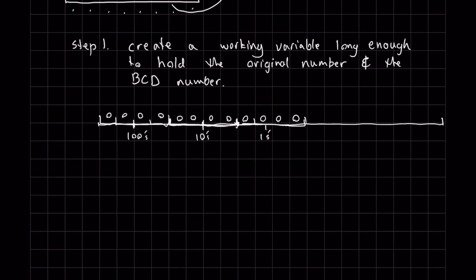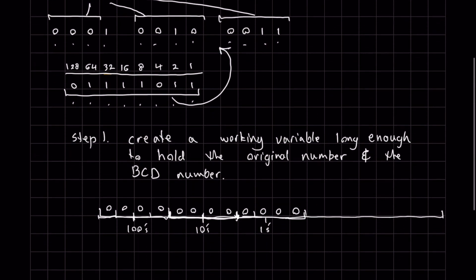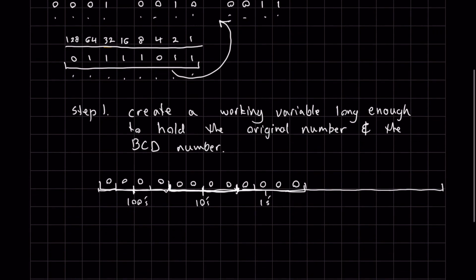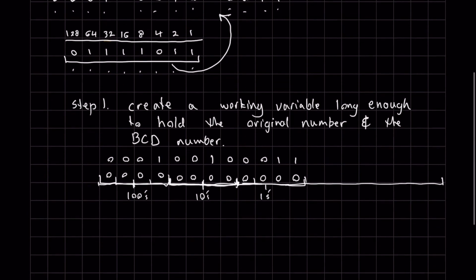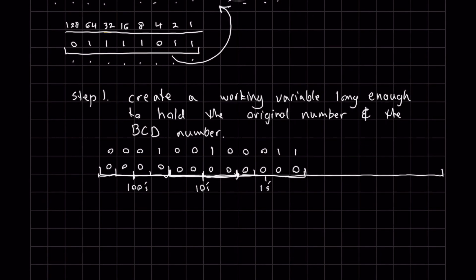So before, when we had our binary coded decimal, that looked like this. 1, 2, 3. So that's what we're going for. All right, let's erase that. That's our end goal.